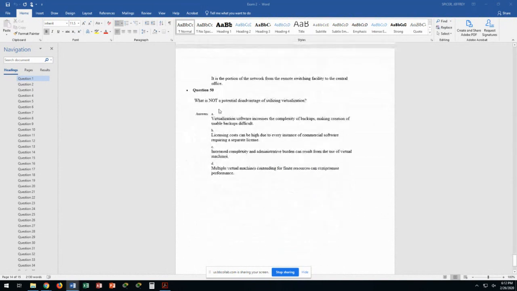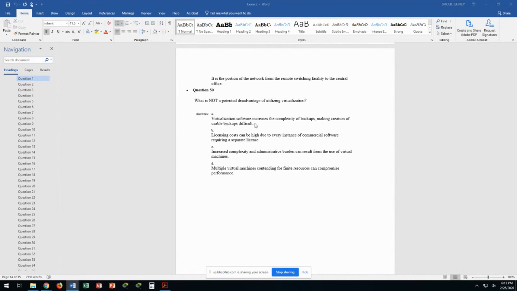50. What is not a potential disadvantage of utilizing virtualization? Oh my goodness. This one is an awful question. So which disadvantage does not exist?